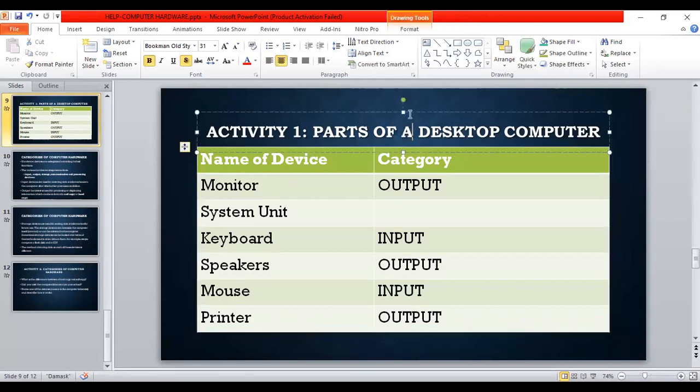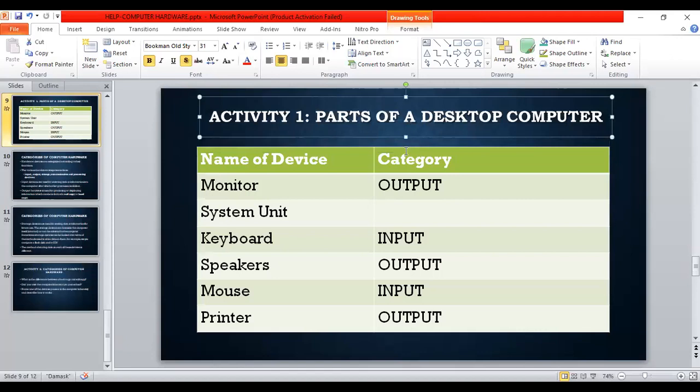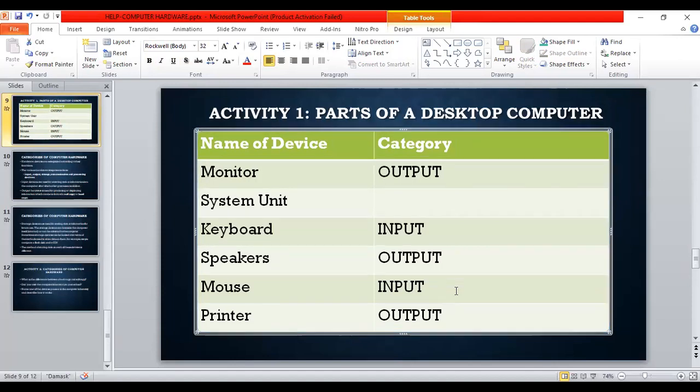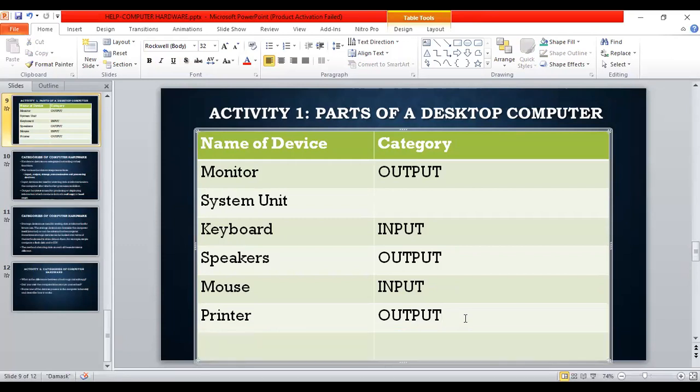Anfield wasn't clear. I haven't heard. Anfield, please come again. We did not get your point. The only thing I'm getting is a system unit. I'm really not getting other words from you.